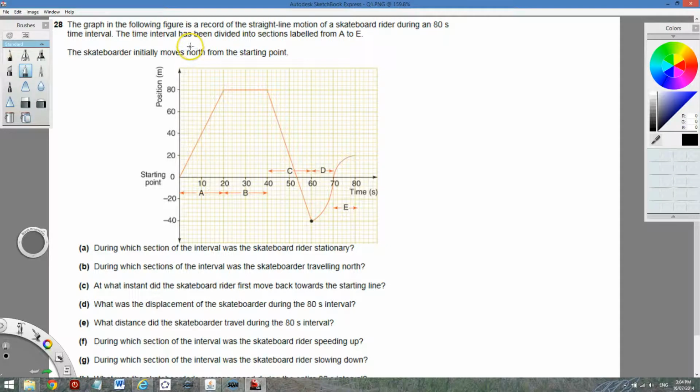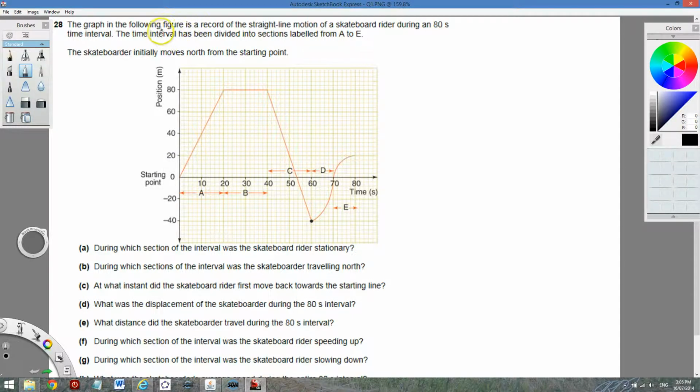So in this question, we have a graph, and we need to learn how to read it, and basically how to use the graph to find all the details of the motion.